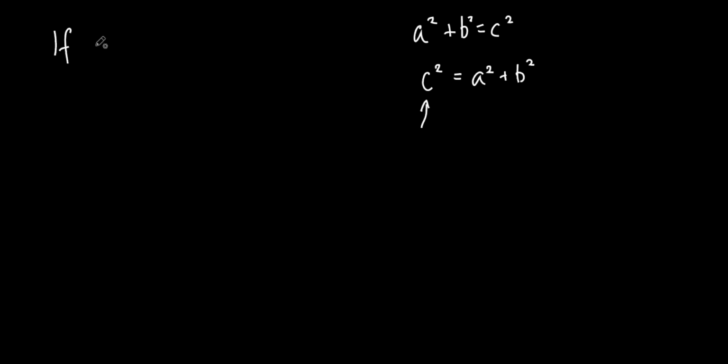So watch this. If c squared is less than a squared plus b squared, and I'm doing this for a reason, okay? There's a particular reason that I'm putting the c first, all right?